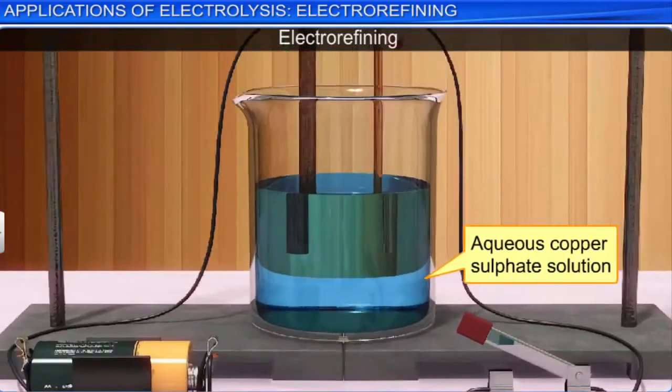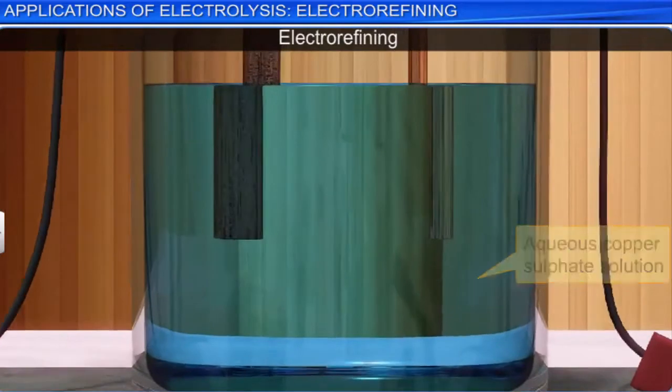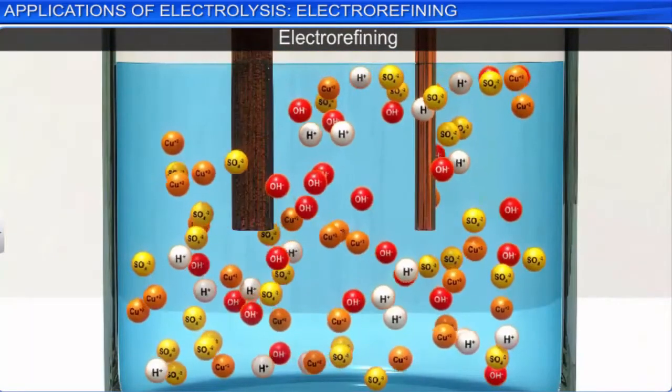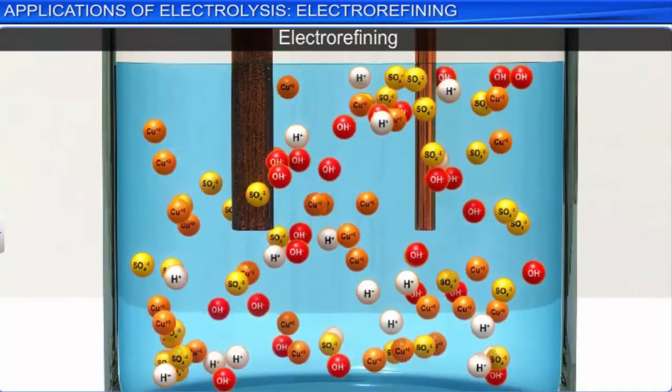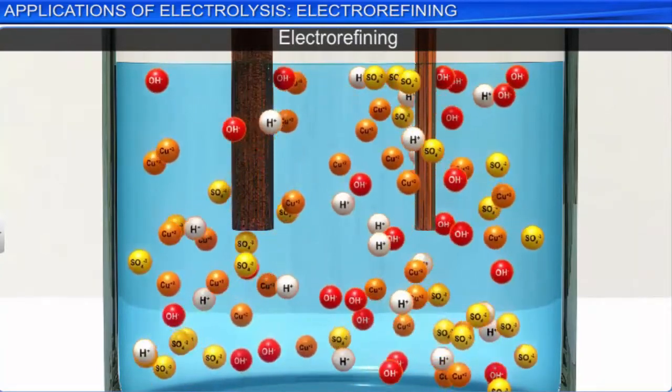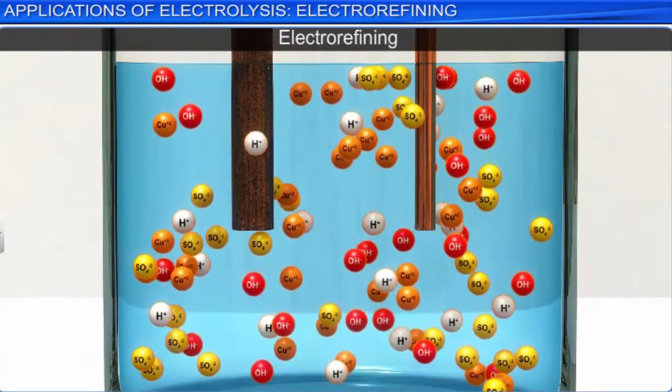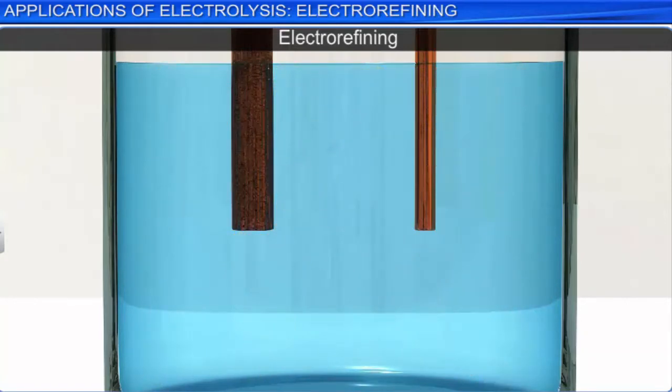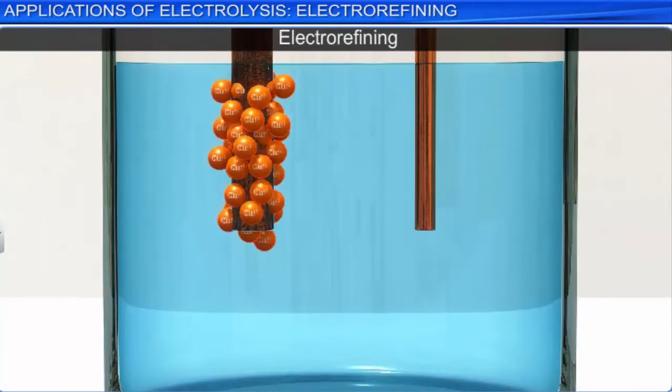Aqueous copper sulfate solution consists of Cu²⁺ and H⁺ cations and hydroxide and sulfate anions. When electricity is passed through this, the copper atom oxidizes to Cu²⁺ ions at the anode.